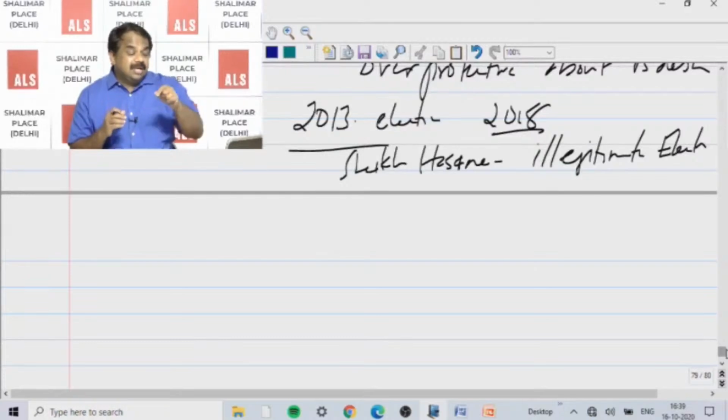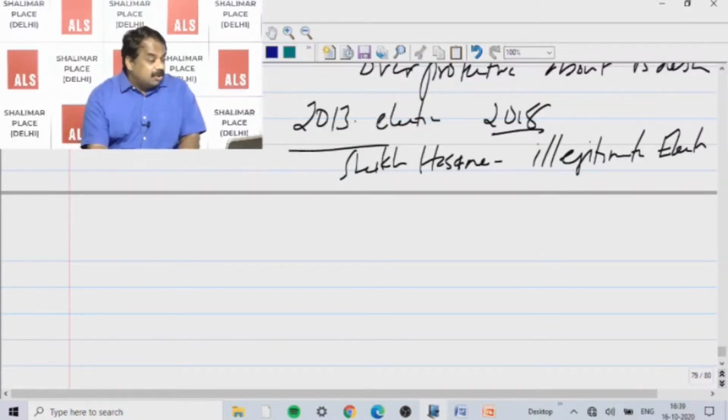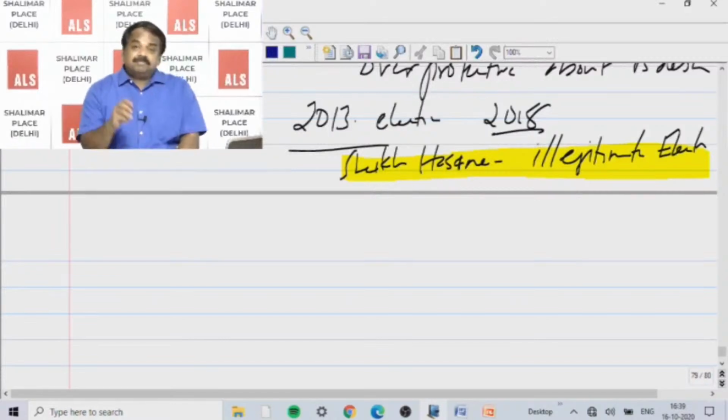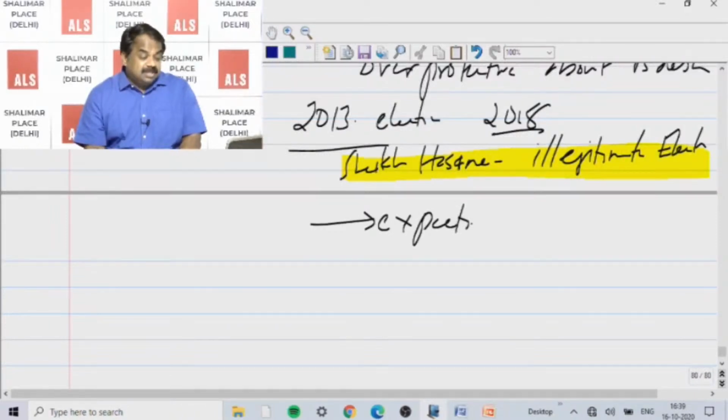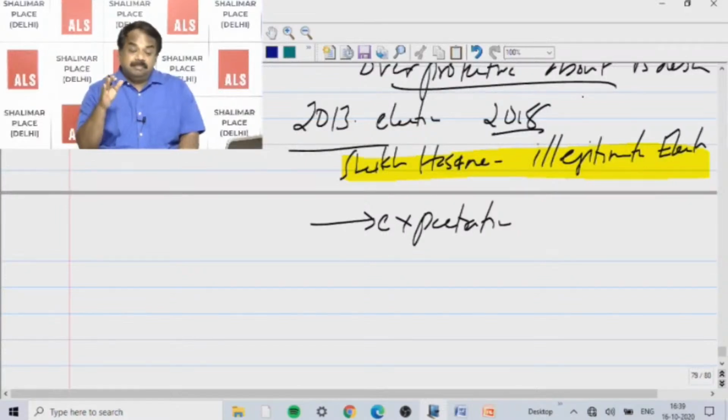Otherwise, we are indirectly supporting and propping up this illegitimate regime. So since we are supporting her, India's expectation is she will always be along with India or support the Indian position. That is why I said we are a bit possessive or protective about them.